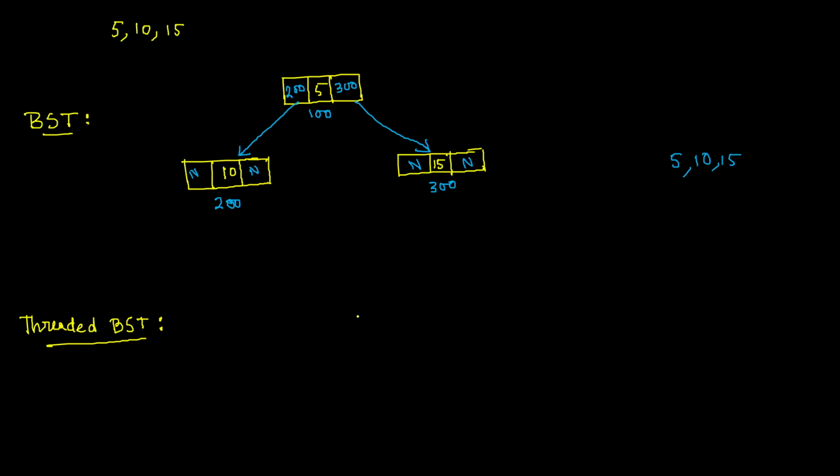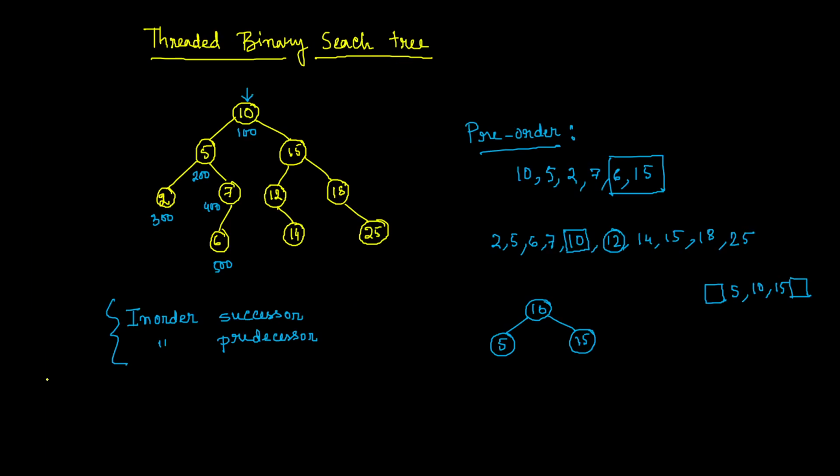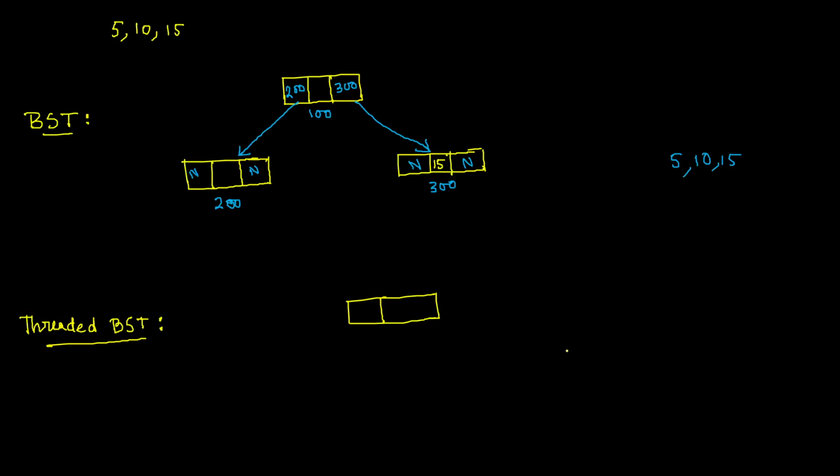For example, let's draw the nodes here first. I'm sorry, in the previous case it was 10 actually. I had made a mistake. In the previous case, what we wrote here should have been 10, 5, 15. So here it is 10.